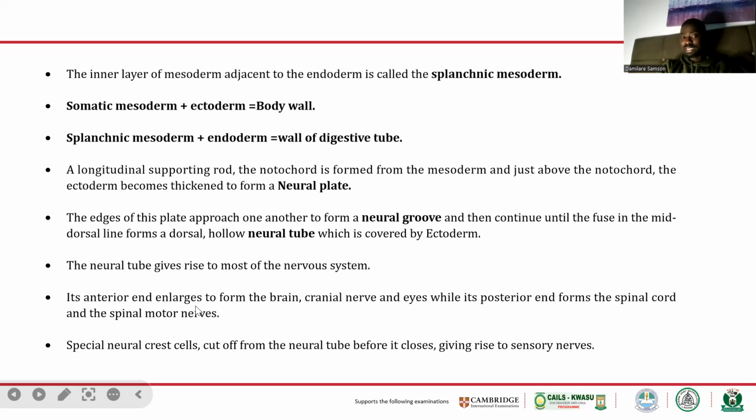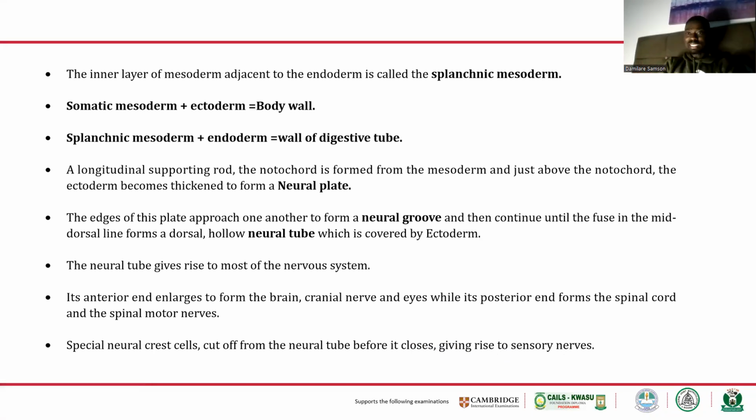Its anterior end enlarges to form the brain, the cranial nerves, and eyes, while its posterior end forms the spinal cord and the spinal motor nerves. The special neural crest cells cut off from the neural tube before it closes, giving rise to the sensory nerves.